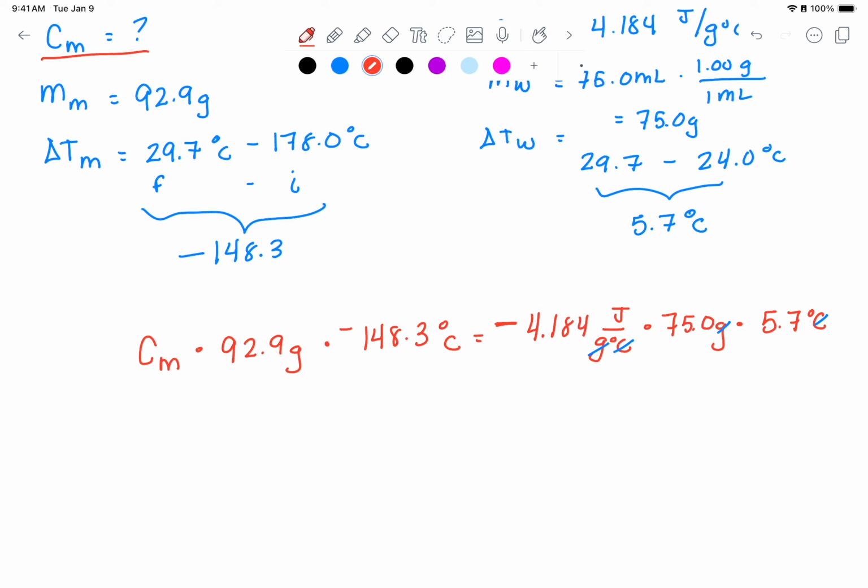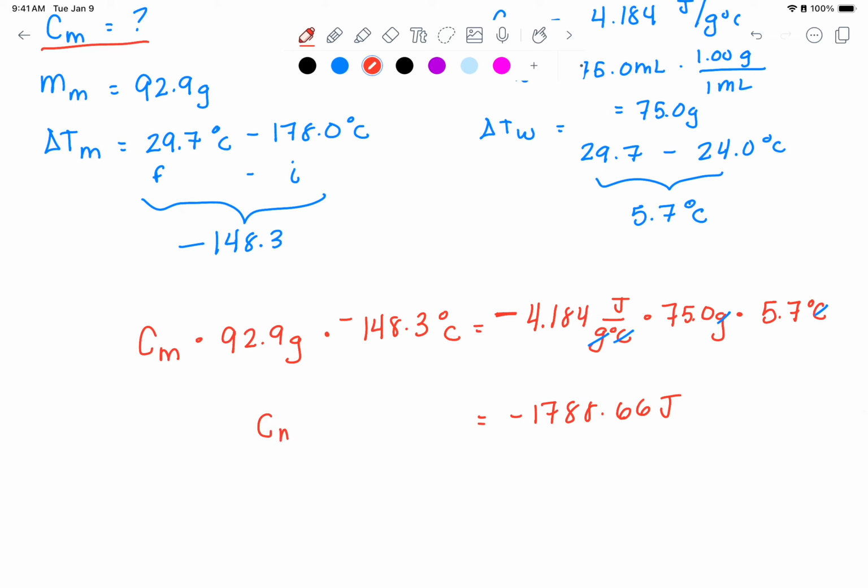On this side of our equation, we get negative 1788.66 joules. So I'm left with joules there. And then I get Cm times negative 1377.07 grams degrees Celsius. Sorry, I ran out of room there. We have to make sure we're keeping our negative signs. This is a negative, this is a negative, so those negatives are going to cancel.